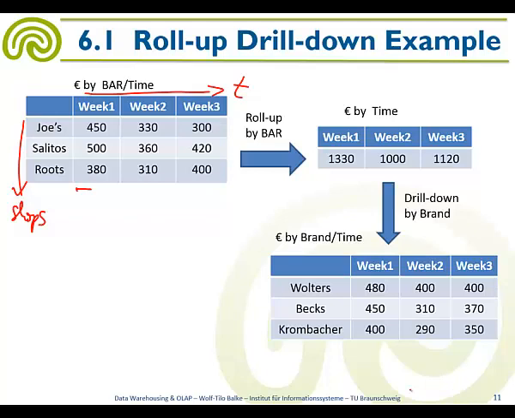Then you build the sum over all these numbers and just get the sums per week, right? So that would be a roll-up by bar. What kind of roll-up is that? Yes? That's a dimensional roll-up because I'm skipping the shop dimension, right?